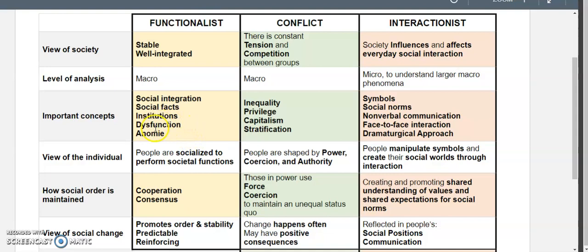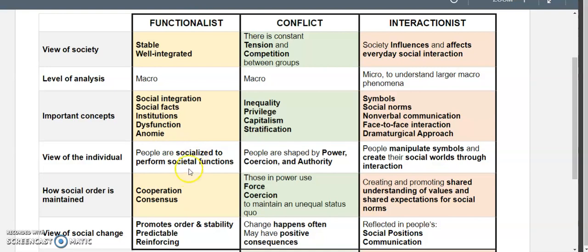Then, dysfunction was at the beginning, so I wouldn't put a lot of attention on dysfunction in my interpretation, nor in this particular video would I put a lot of focus on anomie, the idea of normlessness, other than to note that at the very beginning of the story and then again at the end, all of the norms that had defined that society and how people interacted were destroyed as a result of war.